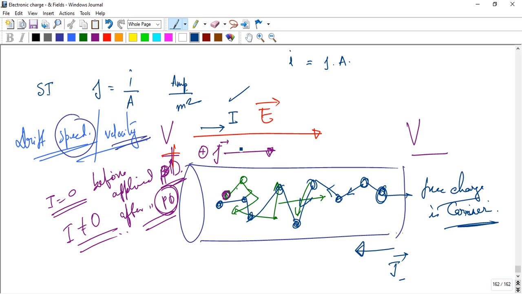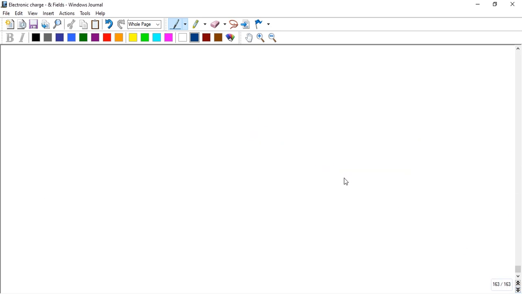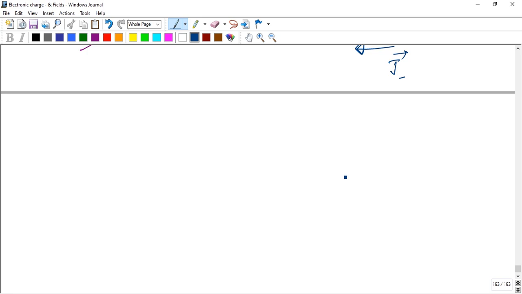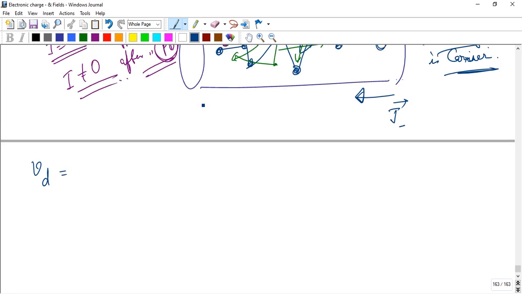Now the drift speed Vd. Suppose the length of conductor is L, and velocity equals length by time.